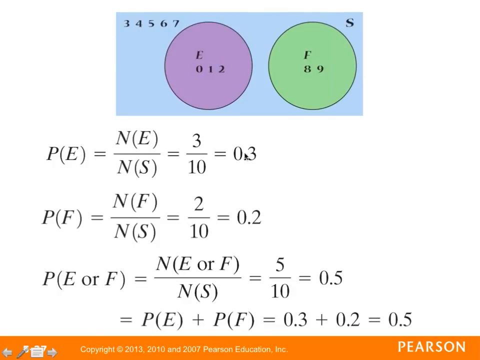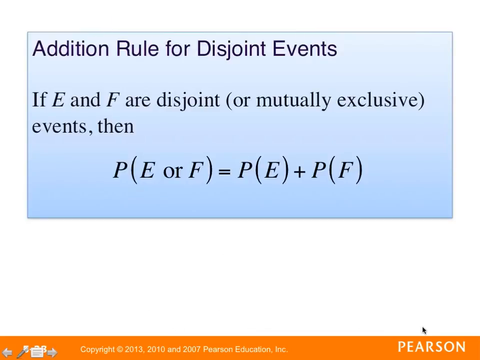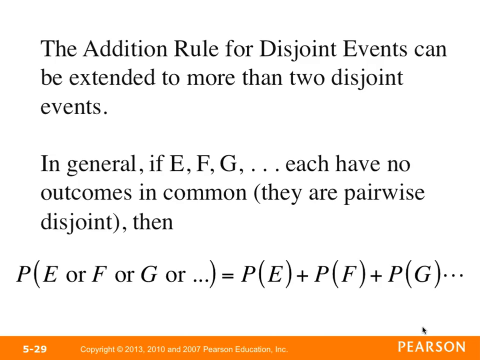And if you look at this calculation, we could look at probability of E, which was 0.3, probability of F, which was 0.2, and if we add them together, we get the exact same thing, which is really our addition rule for disjoint events. So if E and F are disjoint, or we could call them mutually exclusive, then the probability of E or F happening is just going to be the probability of E plus the probability of F. So when you see OR problems, they're going to go with addition.